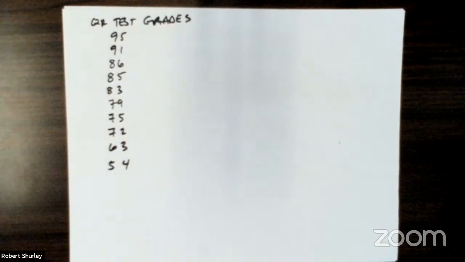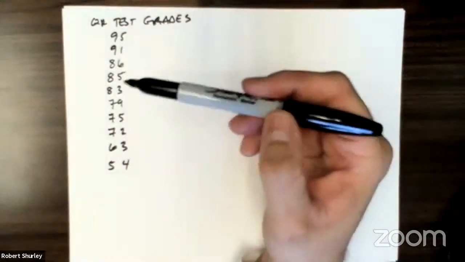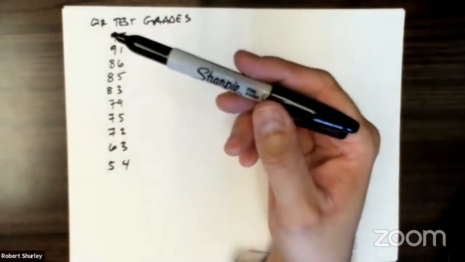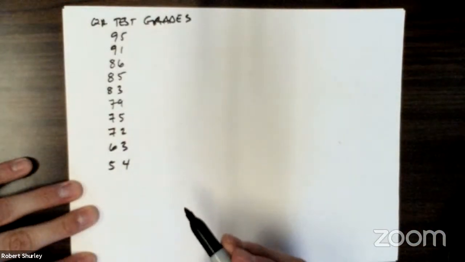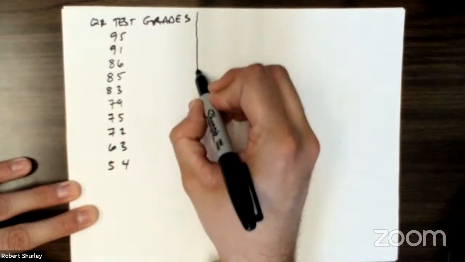Well, to display this in a histogram, I can make groups. I can do groups of 10, maybe groups of 5, however I want. I'm going to do groups of 10, and I want to make these into categories.